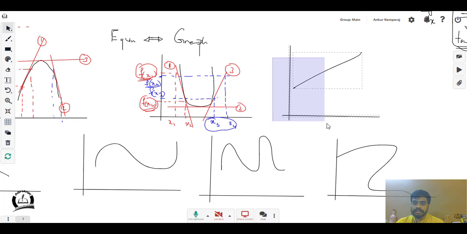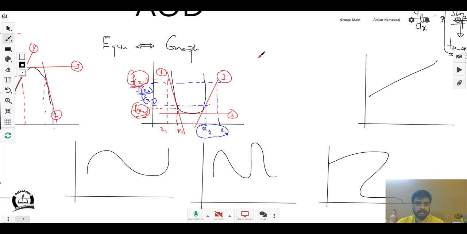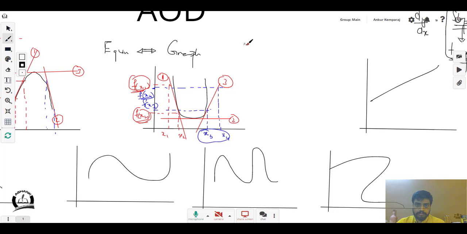So let me just put this graph on the side a bit, and make a note of what I just said. All right, now we know case number 1, we know x2 is greater than x1, but f of x2 is less than f of x1.